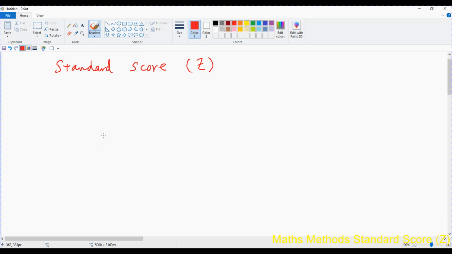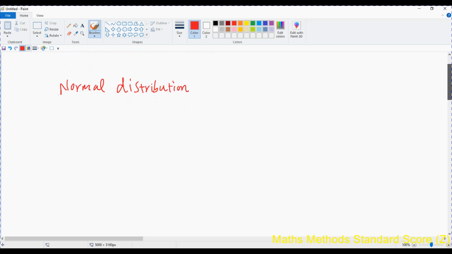And last time we learned that if that's a normal distribution, what it looks like. All right, let me draw it properly.